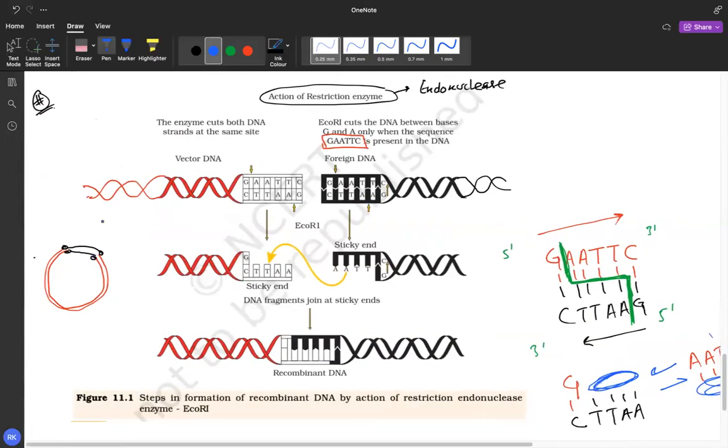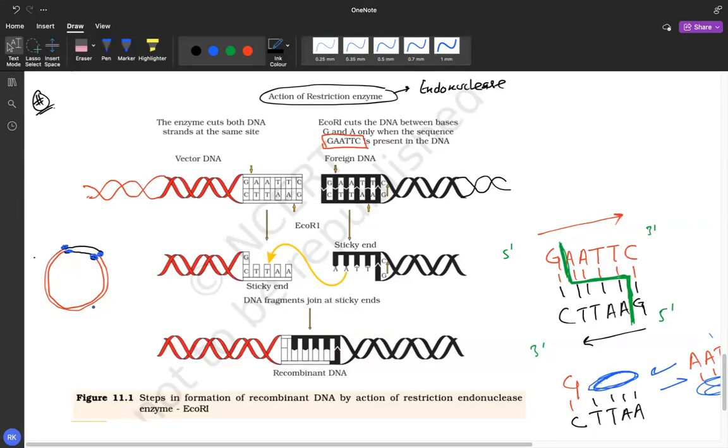So I want to use these sticky ends to insert my gene of interest between the two ends of the plasmid. So it again becomes circular and closed, stable, and I can insert it easily into a bacteria. It's like I added something to the plasmid, but this time what I added is what I want to be replicated, transcribed, and translated. Does it make sense to all of you?